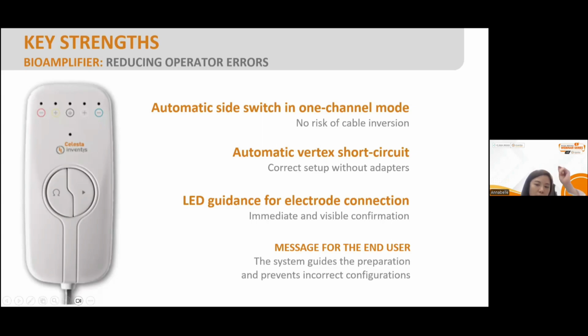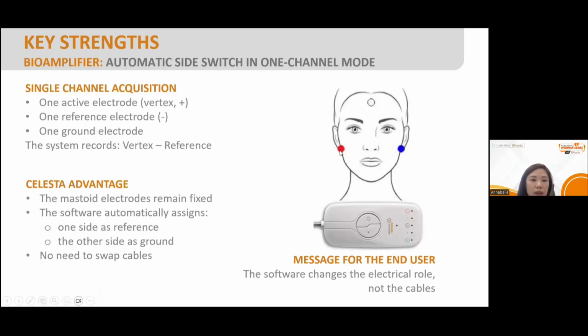After you rub the baby, or maybe you rub the child, you don't have to look at the screen, don't have to look at the monitor of the computer. You just check the LED light on the Celesta power amplifier, so that you already know when you put the electrode on whether the impedance is low enough for the test. Okay, so it's like this.